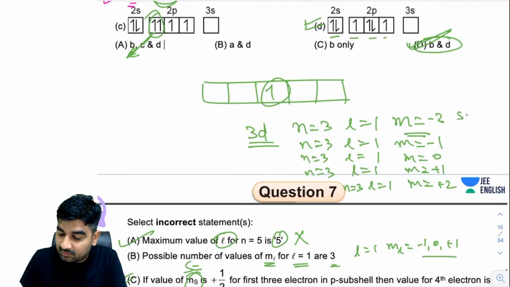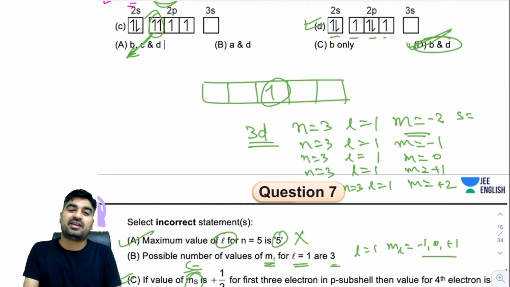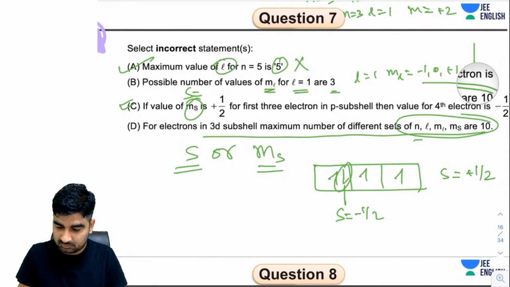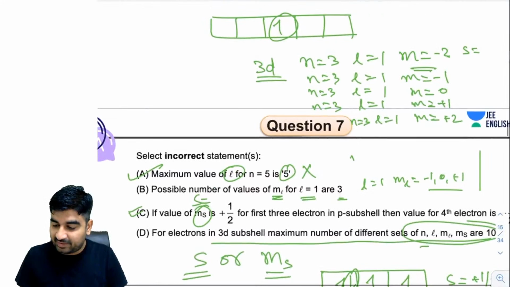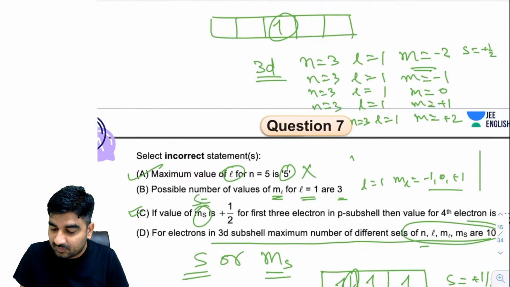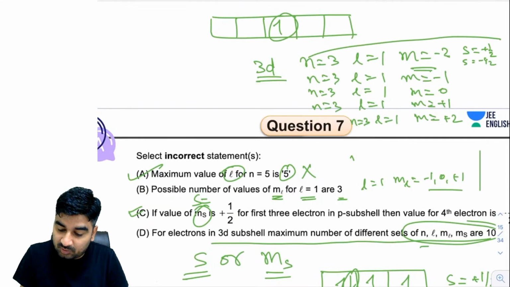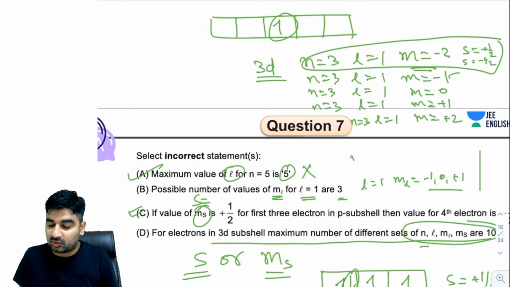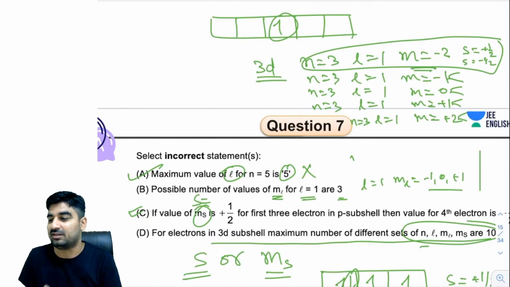Now S, again you can take any spin. It can have plus half, and it can also have minus half. So corresponding to each of it there are 2 more possibilities. So corresponding to 5 there are 10. So the total combination will be 10.